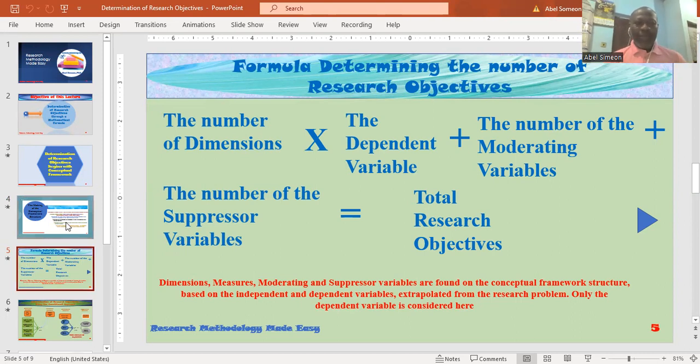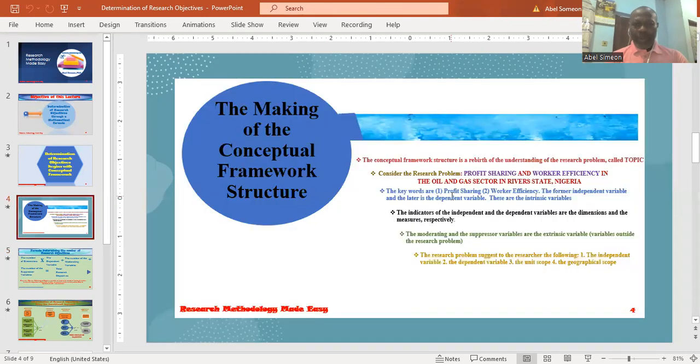Now, perhaps what I did not tell you properly is when you get the indicators, the indicators of the independent variable are what we refer to as dimensions, while the indicators for the dependent variables are what we refer to as measures. So the measure and dimension. Dimensions are for the independent variable, while the measures are for the indicators of the dependent variable.